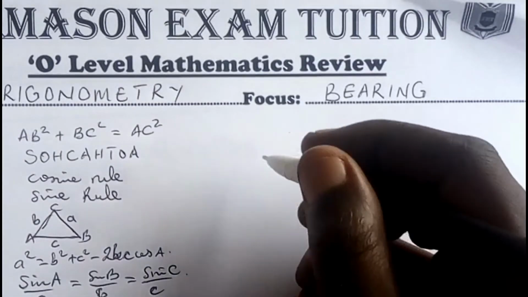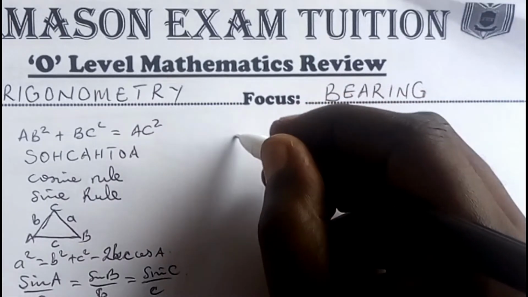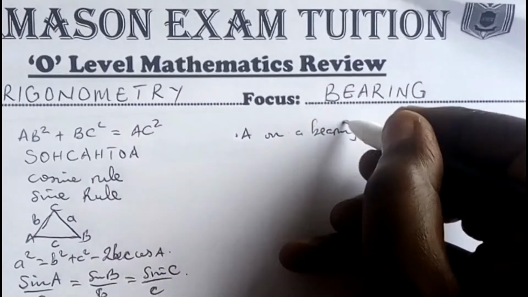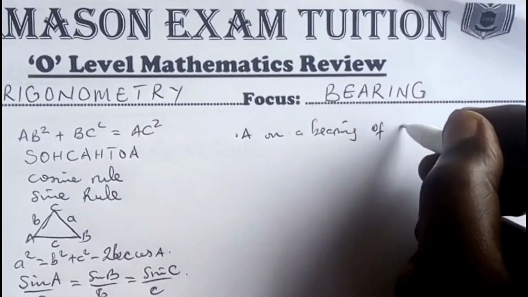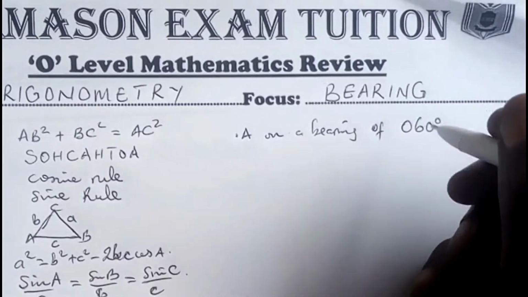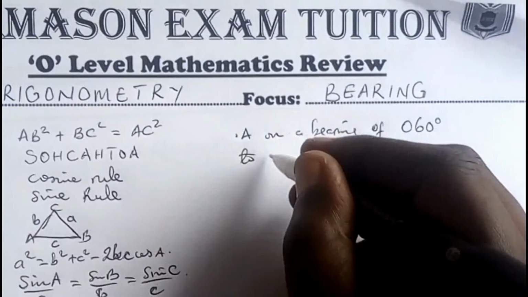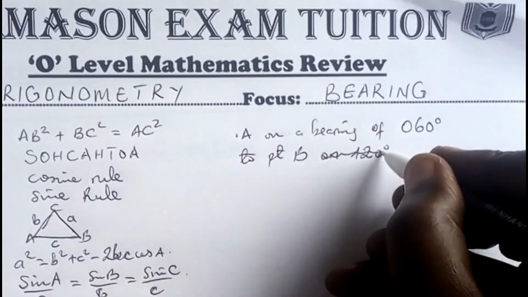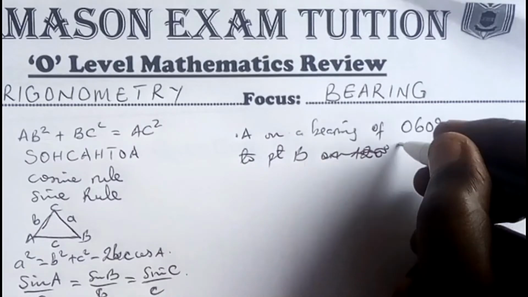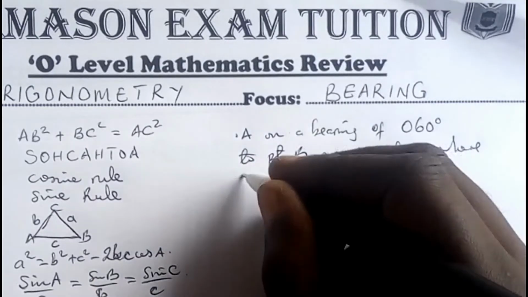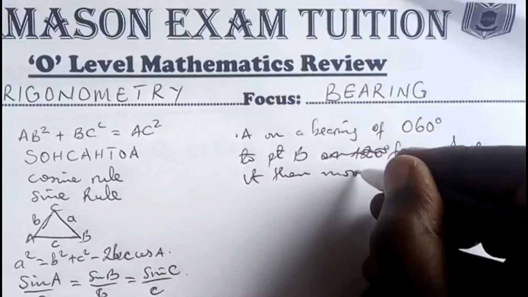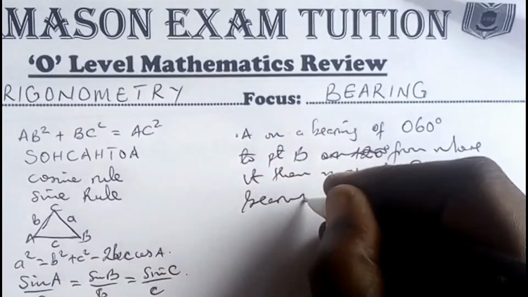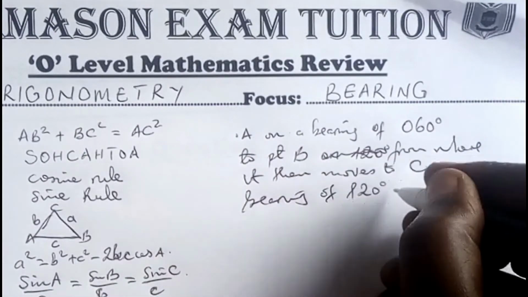If I take, for instance, a particle that leaves point A on a bearing of 060 degrees and then moves to point B, from where it then moves to C on a bearing of 120 degrees.